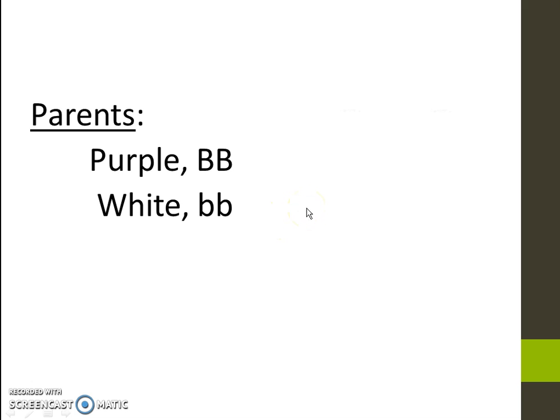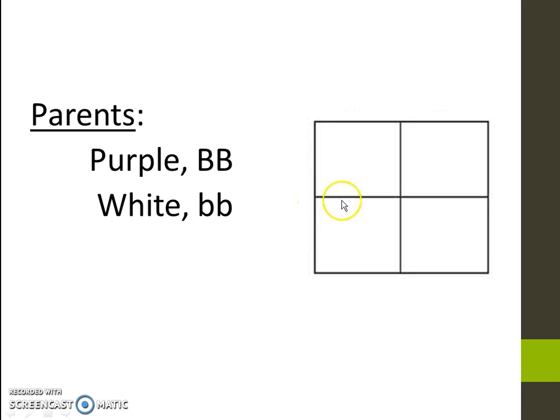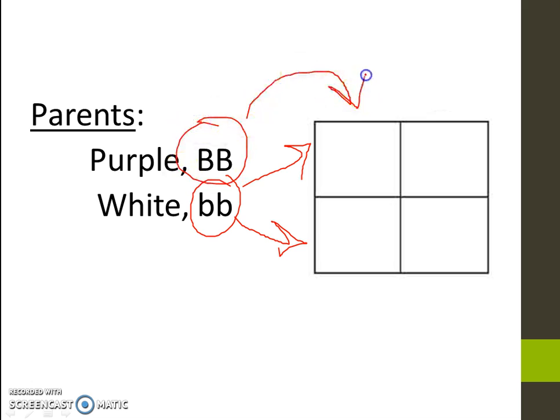So what you want to start with is your Punnett square. So this is just a 2 by 2 box. So make sure to draw this into your notes. And then you're going to distribute the parental genotypes. So this genotype will go to these two locations, and this one will go here.